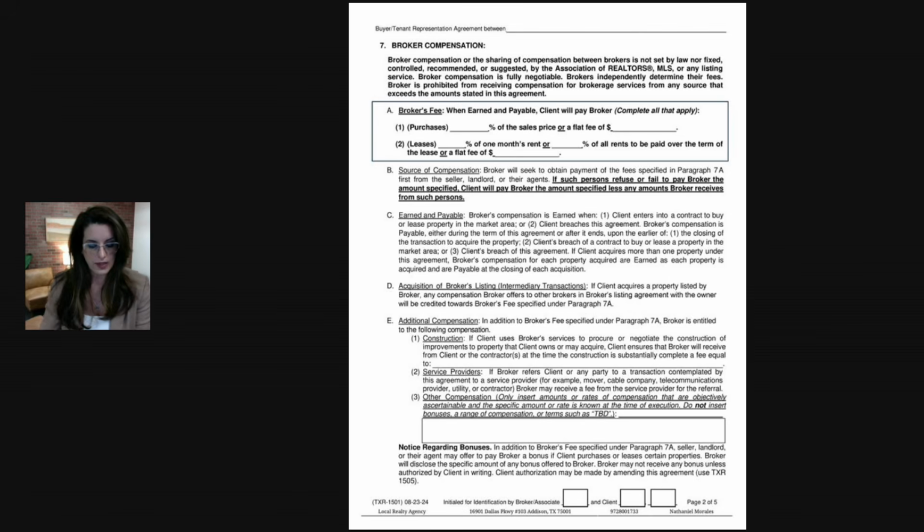Then the same for leases. What do most agents make in a standard lease? Most agents make a 50% of one first full month's rent. Now, you could say, I get paid 100% of one full month's rent. That's fine. Yet remember, if the seller or landlord or broker is offering less, are you going to go back to your client and have them write the broker a check?